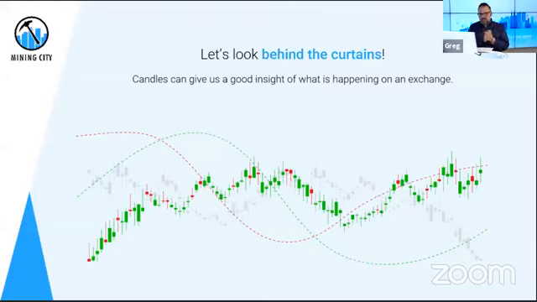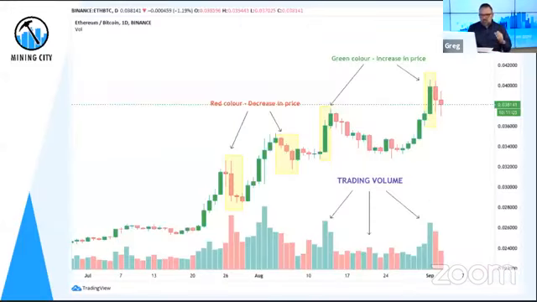Before we get into analyzing the chart, it is also important to understand the elements within it. You see those things here? These things are called candlesticks. Each candlestick represents the movement of prices over a given period of time.